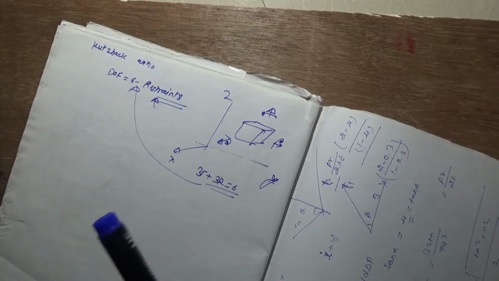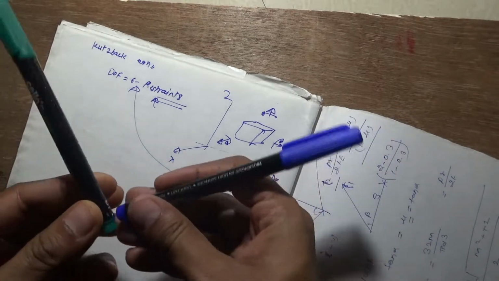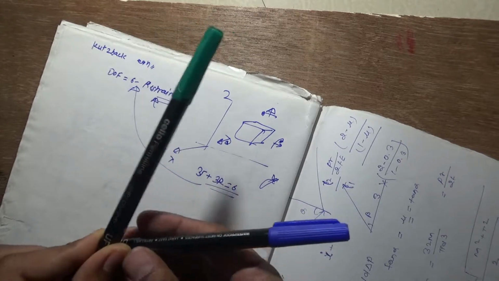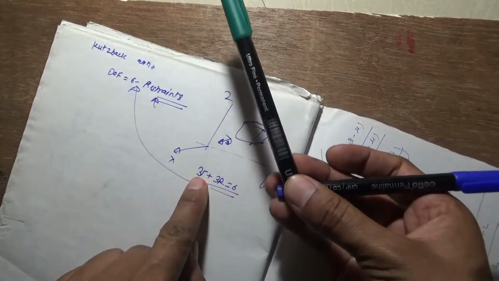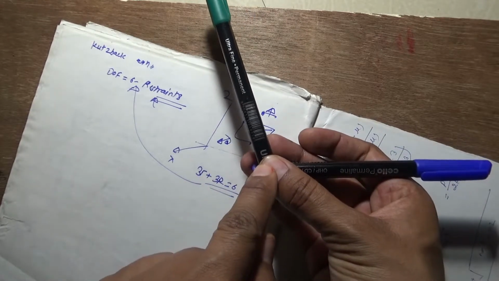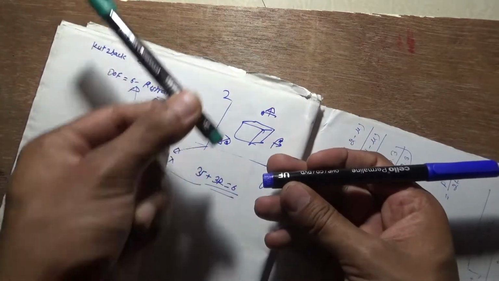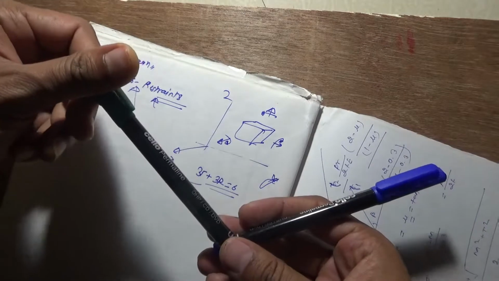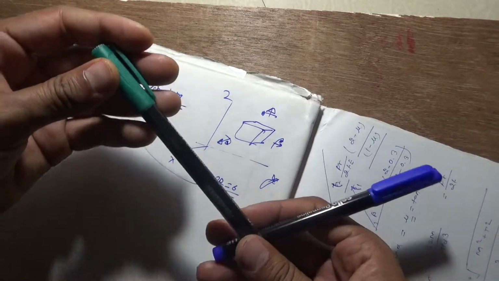What is the meaning of restraint? Suppose we have two links joined through a pin joint, then it cannot translate in any direction because it is restricted at this position. So it cannot move along the x-axis, along the y-axis, and along the z-axis, or rotate in the xy plane and in the yz plane.